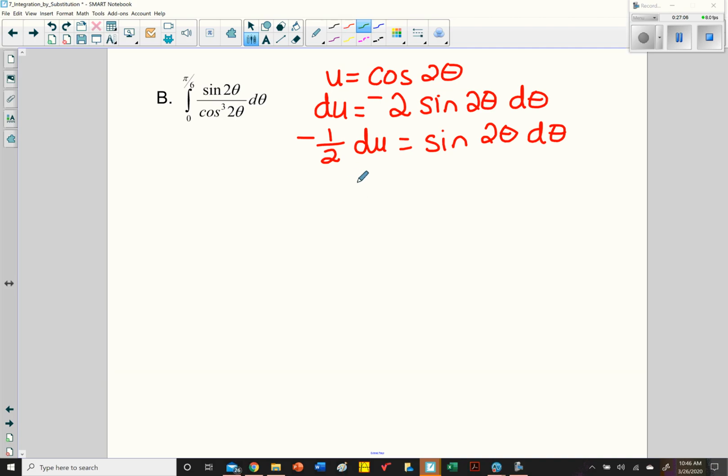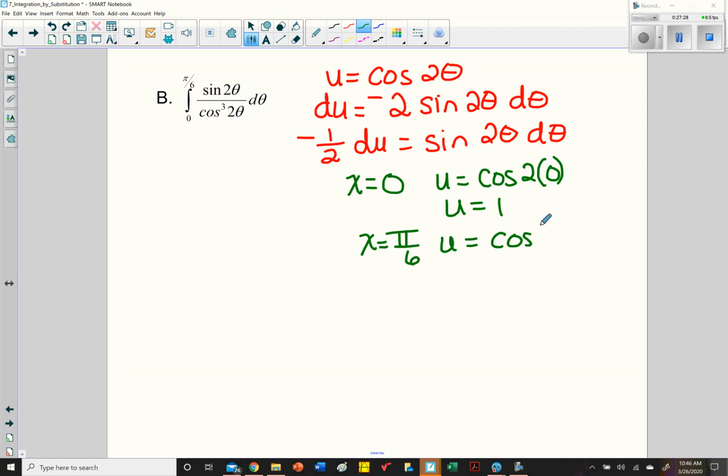But don't forget your variables. When x is 0, u is cosine 2 times 0. What's u? When x is pi over 6, u is cosine of 2 times pi over 6, or cosine of pi over 3, and cosine of pi over 3 is 1/2.